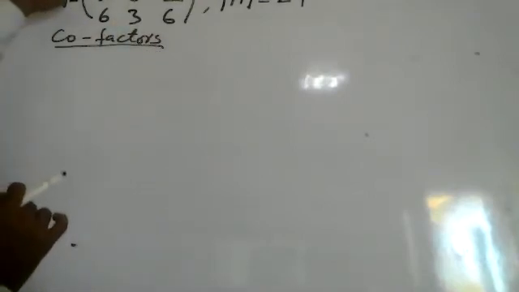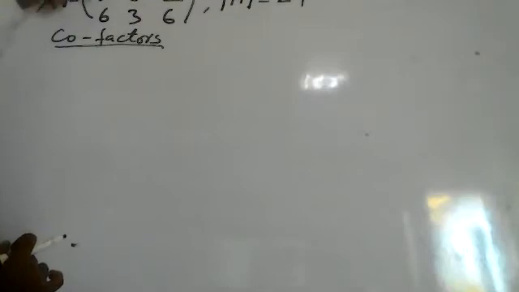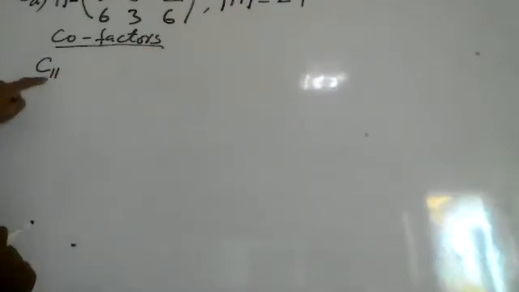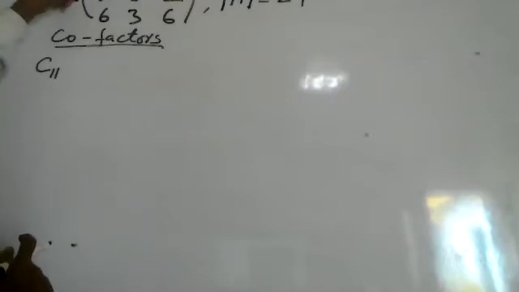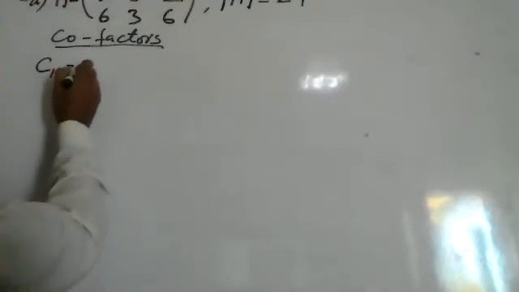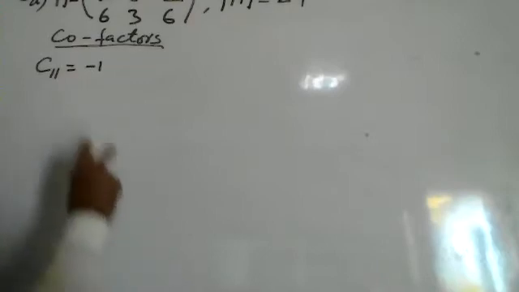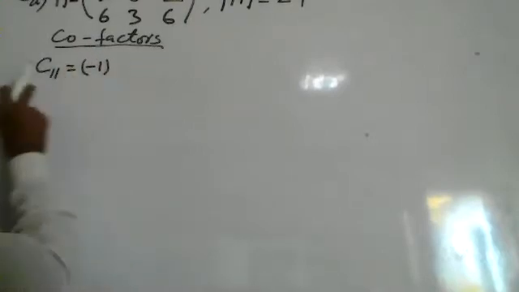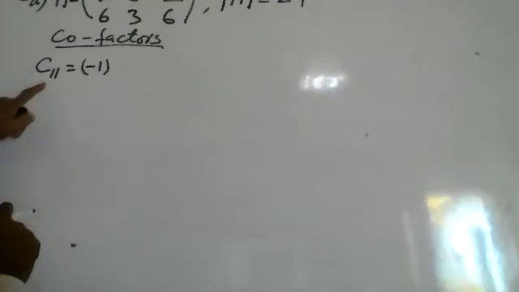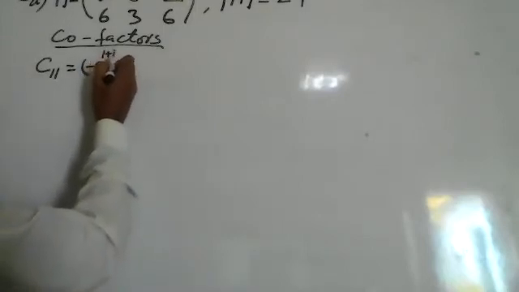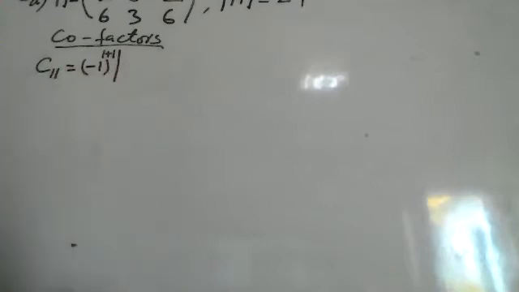The first cofactor will be C11, small c, 1 1: the cofactor of the first row and first column entry. We write -1 raised to the power 1 plus 1, the row number plus the column number, into the determinant.